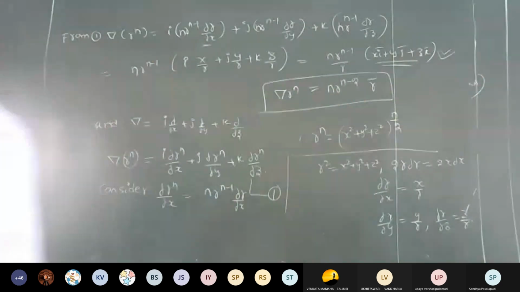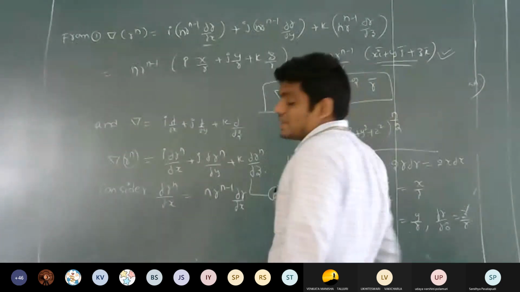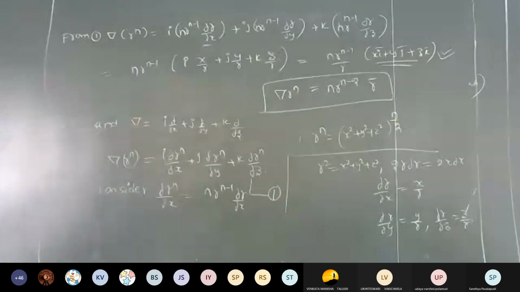Therefore, del of r power n is equal to n into r power n minus 2 into r bar. So it is a very simple result.